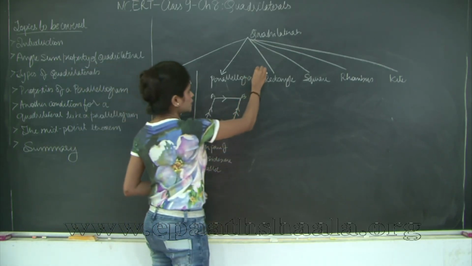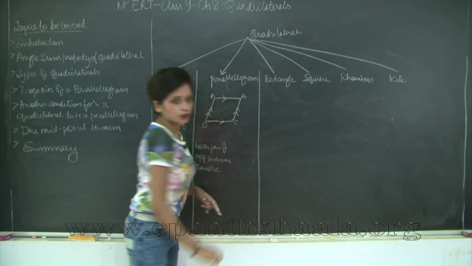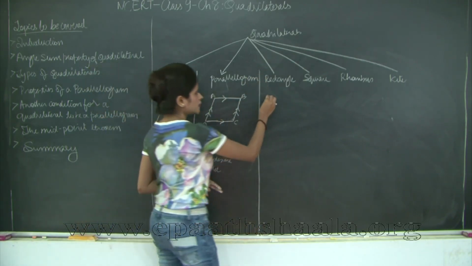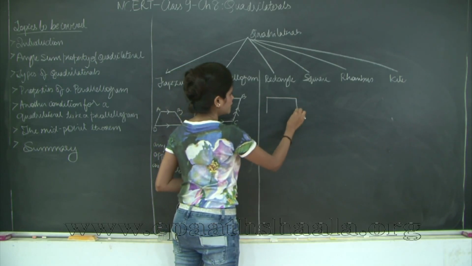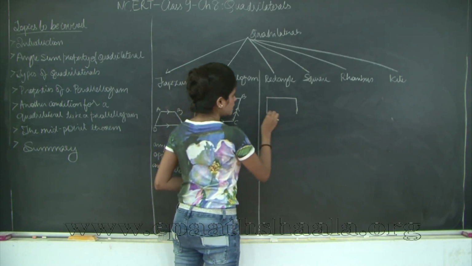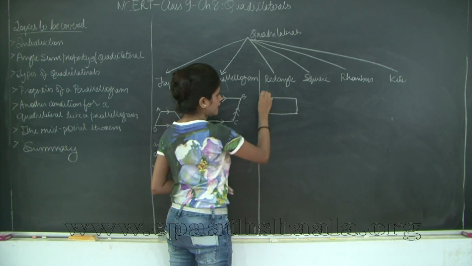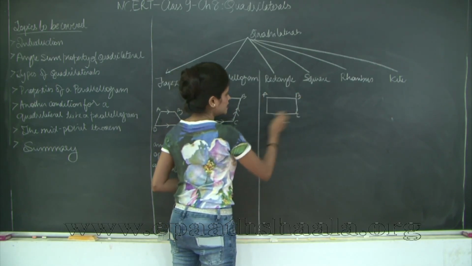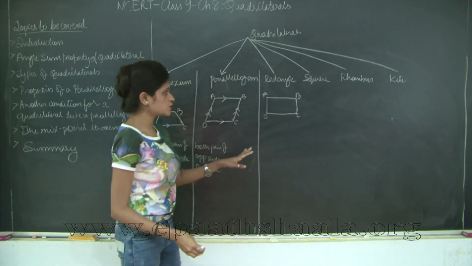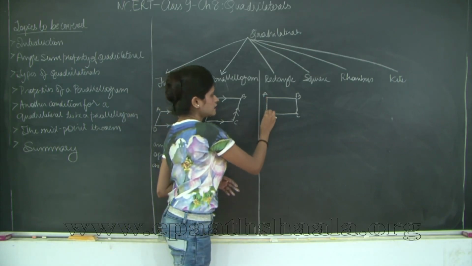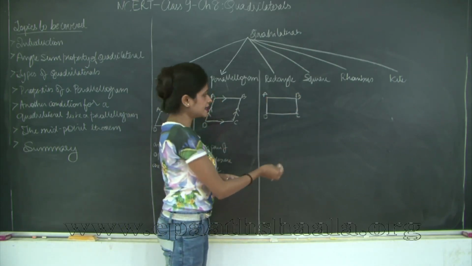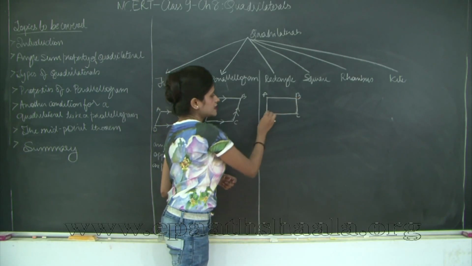Now let's move on to a rectangle. We know what a rectangle looks like, right? What do we know about a rectangle? We have the lengths equal and the breadths equal. So if I have my rectangle ABCD, this length is going to be equal to this length, that is AD is equal to BC and AB is equal to DC.